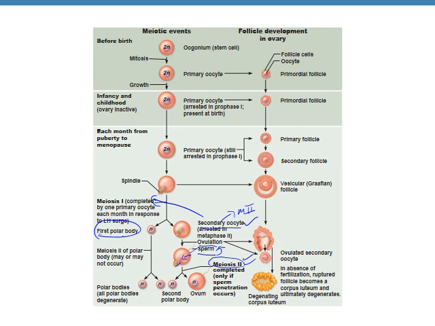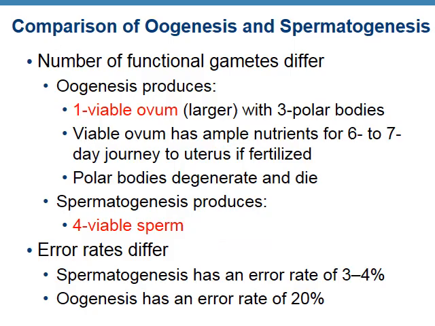This first polar body can divide or not divide. Again, what I want you to see, tiny little polar bodies, one giant ovum or egg. So all of these are donating their resources to the growing ovum. So we should look at oogenesis versus spermatogenesis. If you haven't, go back and watch this video.